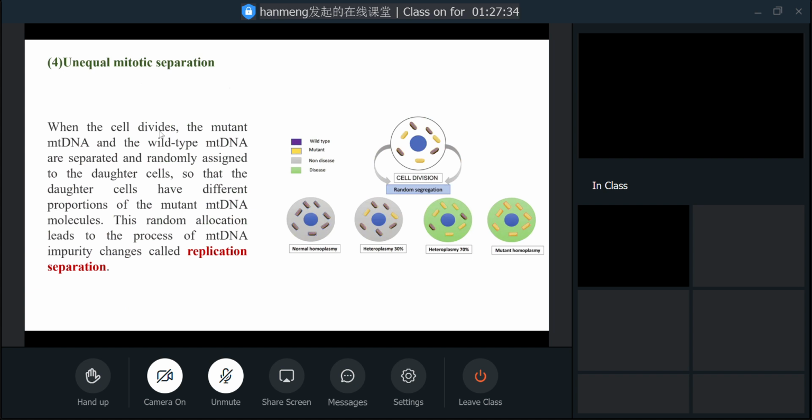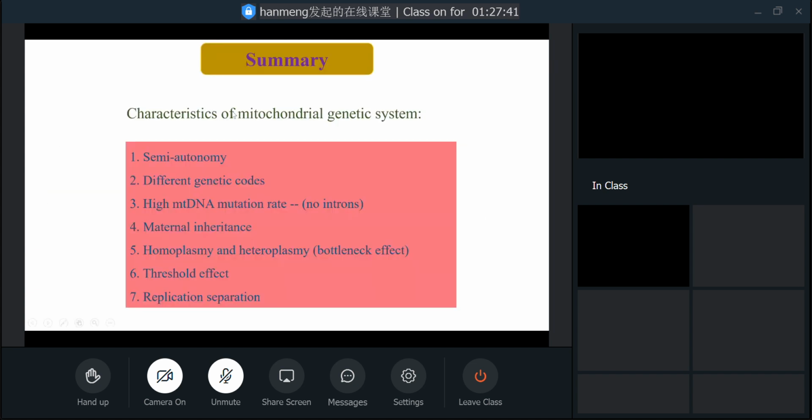So today's class, you should grasp the characteristics of the mitochondrial genetic system. And among these characteristics, there are some knowledge points for you to grasp.